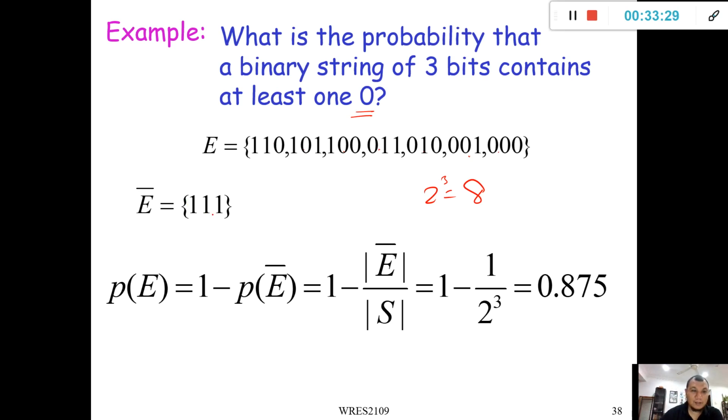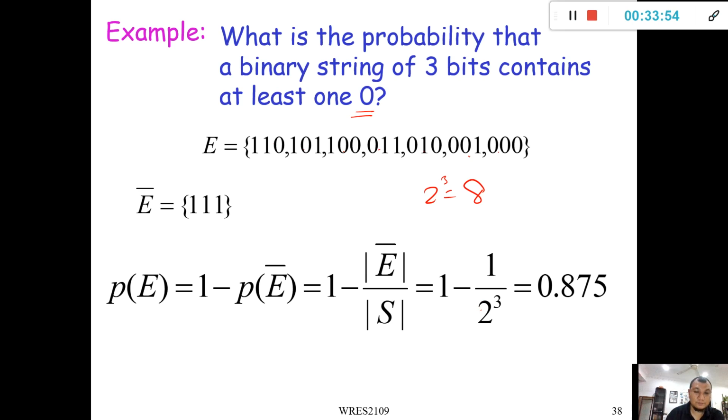You can do 1 minus 1 over 2 to the power of 3, or you can just say the probability of at least one 0 is 7 over 8.